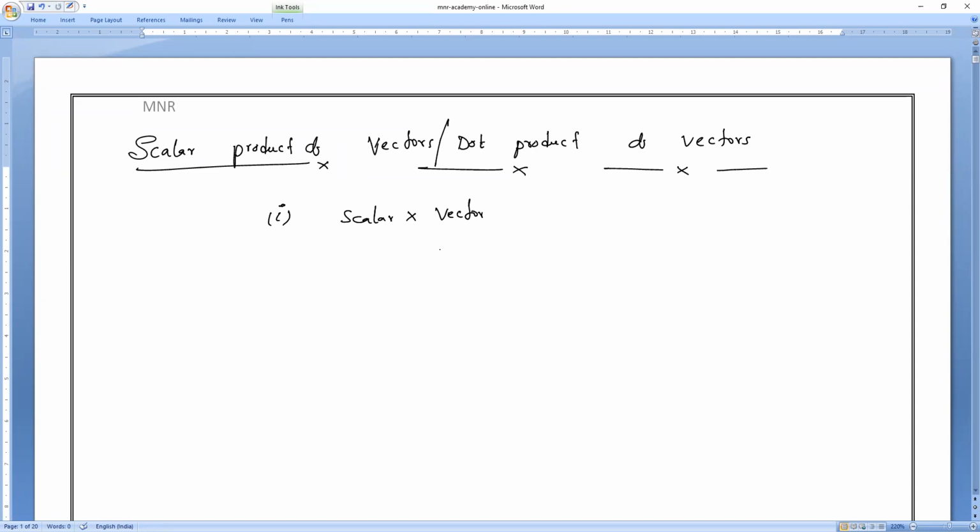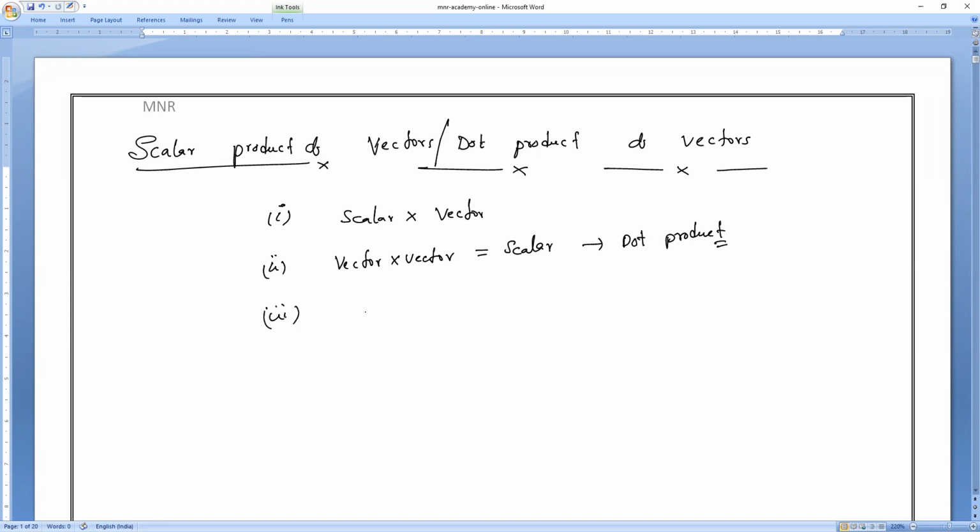I'm multiplying a scalar as well as a vector. Second, if I multiply a vector into a vector, be very careful, I will get a scalar. This is what we used to know as the dot product.